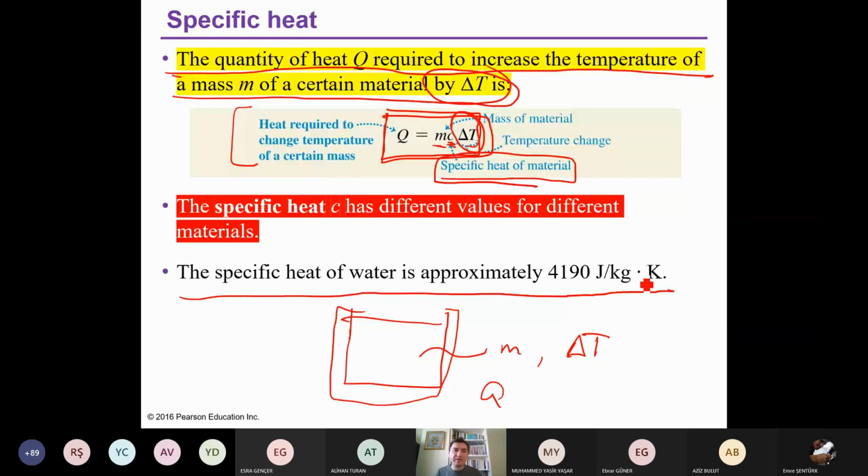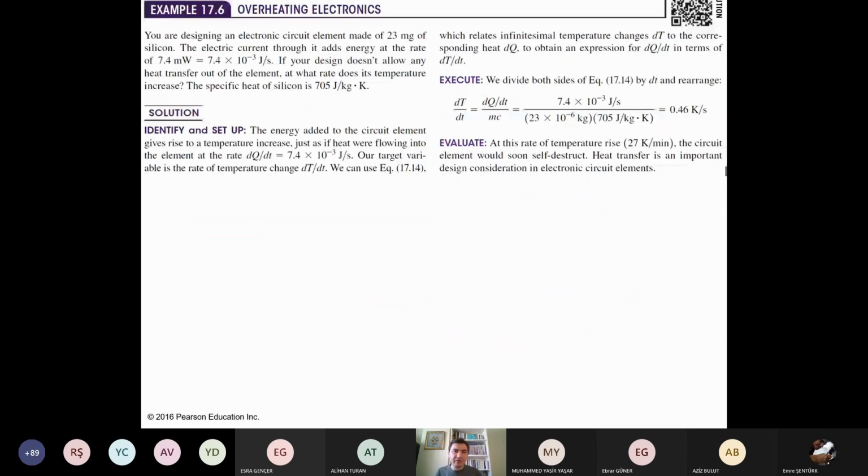Let me continue with this example 17.6 from the book, Overheating Electronics. This is very important for daily life. You are designing an electronic circuit element made of 23 milligram of silicon. Mass is here, silicon material, which is mostly used in electronic circuits.